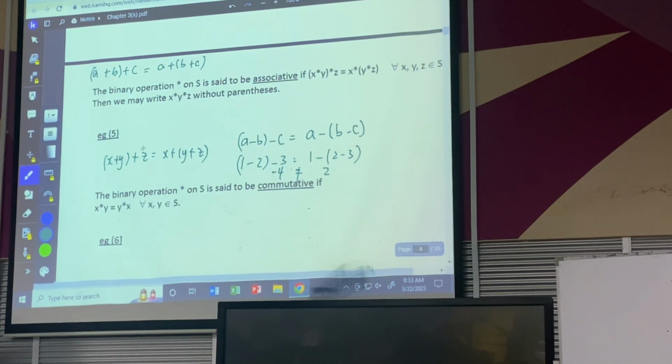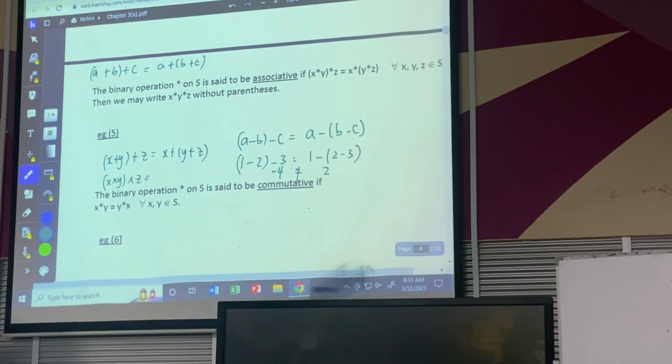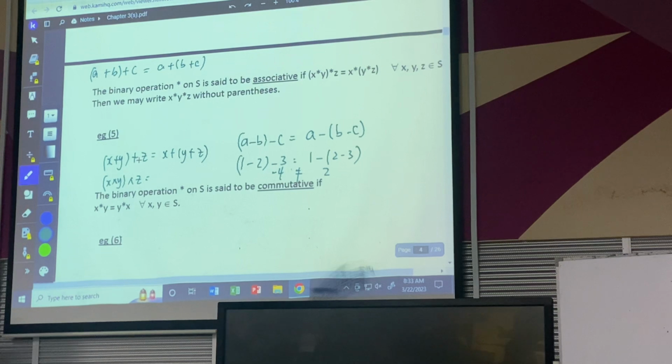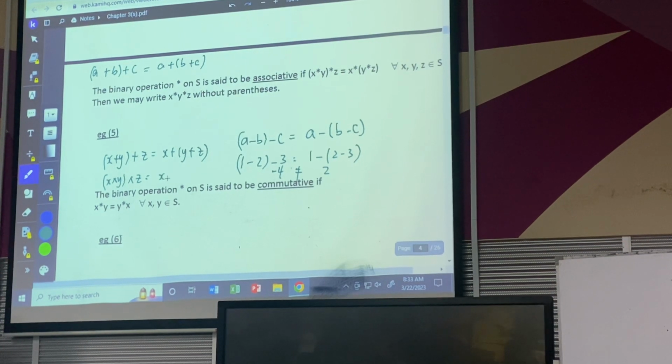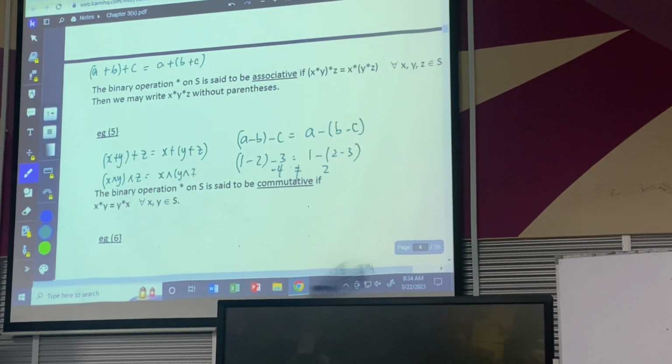Okay? And is AND associative? Are these two the same or not?